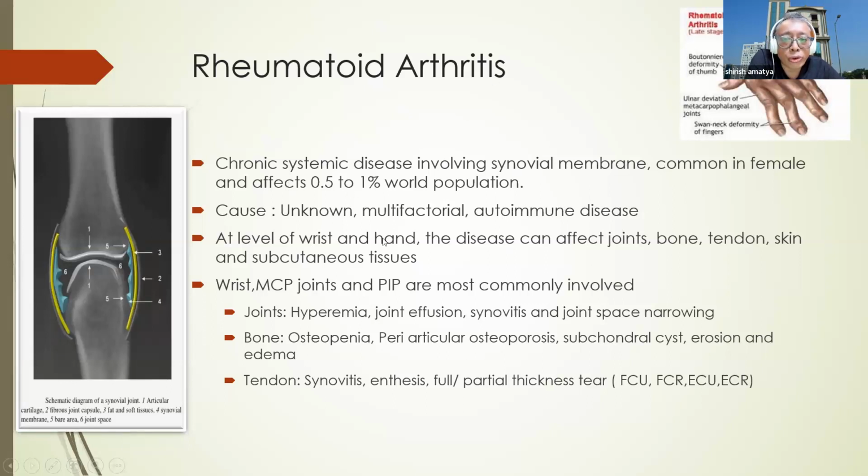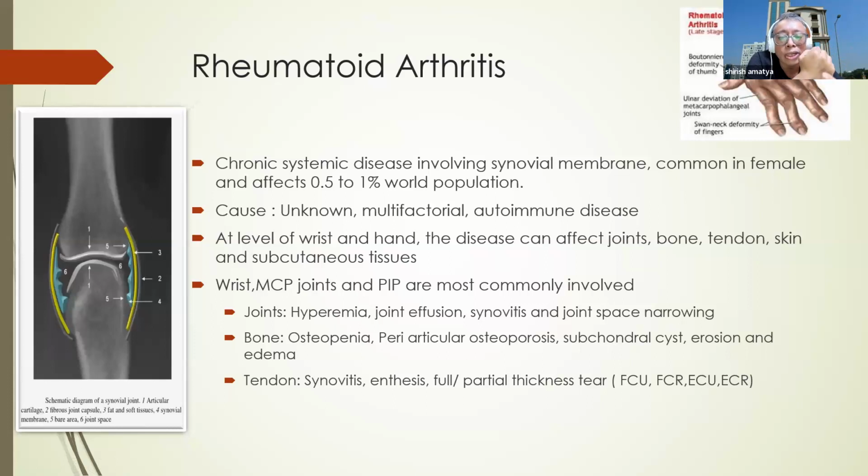Actually, we don't know the cause. The cause can be multifactorial, and here also it has a very strong genetic predisposition, and it's also an autoimmune disease. Normally at the level of wrist and hand, there can be various manifestations of rheumatoid arthritis. It can affect joints, it can affect bone, tendon, as well as subcutaneous tissue and skin.